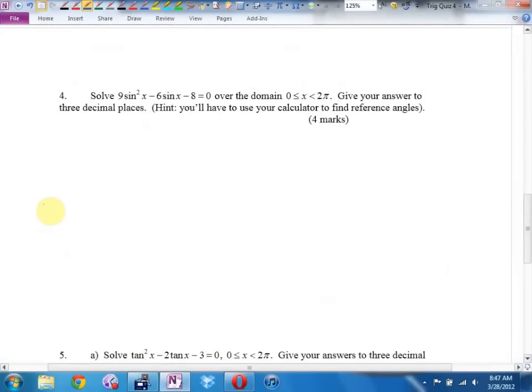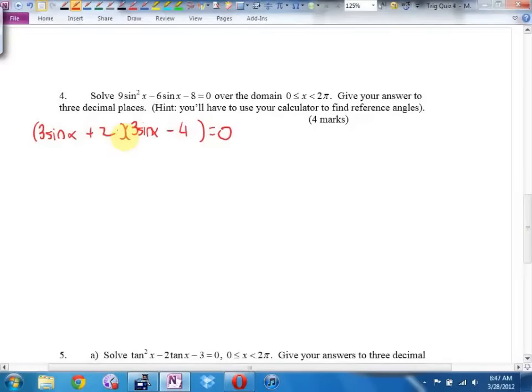Number 4, solve this puppy. What kind of an equation is it? Quadratic. How do I know? It's got a square. How's this one going to factor? I think it's going to factor into 3 sine x minus 4 and plus 2.